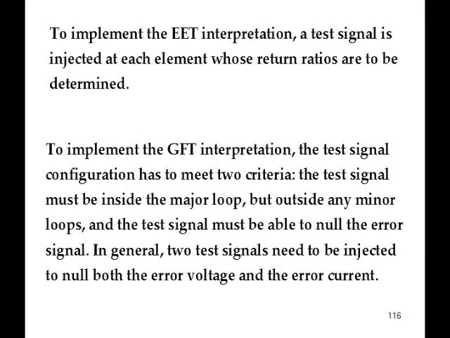If you inject somewhere else in the loop, nulling IY or VY, which is next to the injection point, does not necessarily mean you null the error voltage or current. Not necessarily. So you want to choose an injection point where it does null the error voltage and error current.